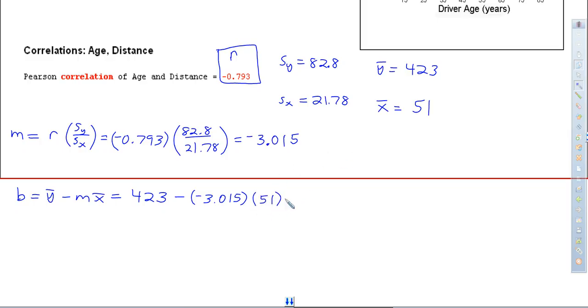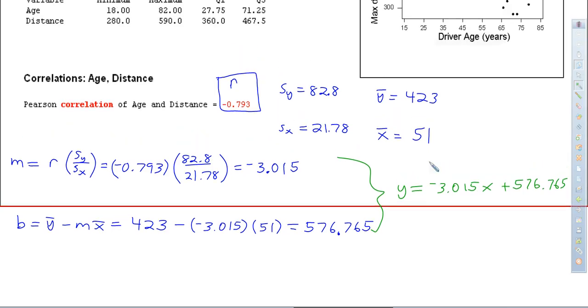Plugging all those in, remember, minus a negative will turn into a plus here, and we will get 576.765. Now we have our slope and our y-intercept. Putting those together, this would give us y equals negative 3.015x plus 576.765.